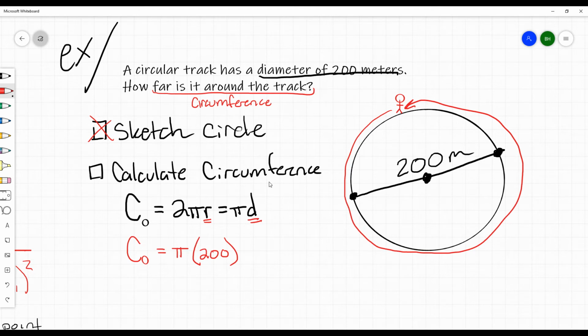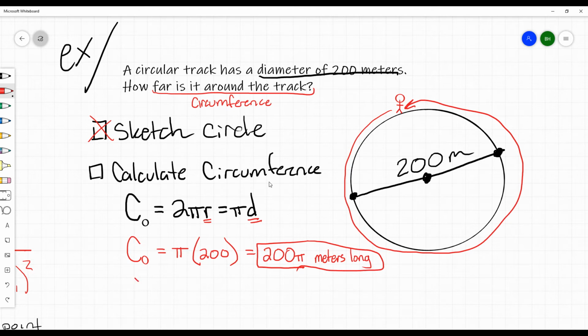Okay, now there's a couple different ways that we can go about this. One, I would accept the answer as 200 pi, and because we're dealing with meters, 200 pi meters long, or you can just put meters if you'd like. That could be one way that you answer the question.